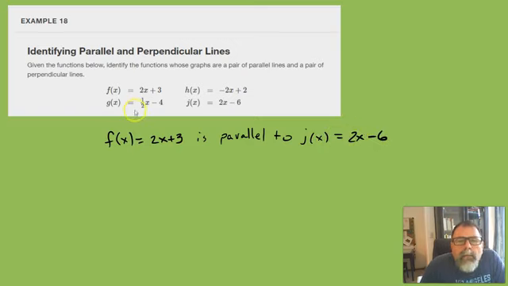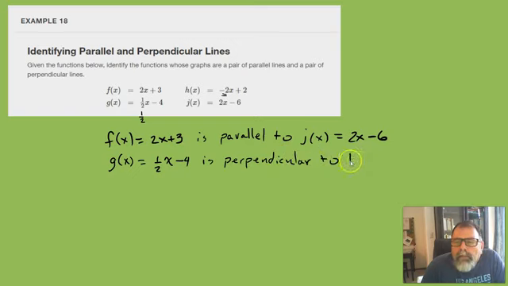And then these two, so look at g of x. The slope is 1/2, and if you take the negative reciprocal, you get -2. So g of x is perpendicular to h of x.